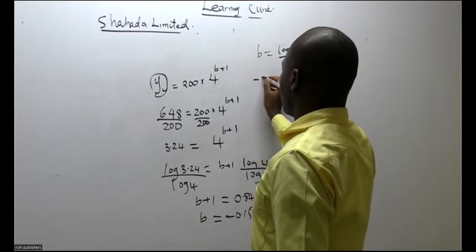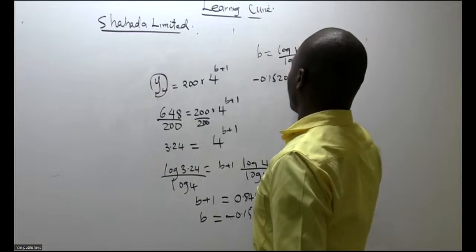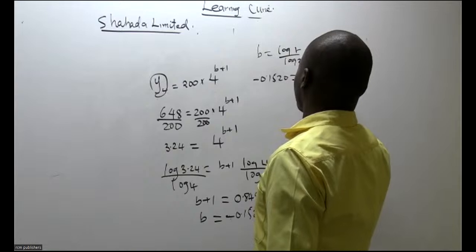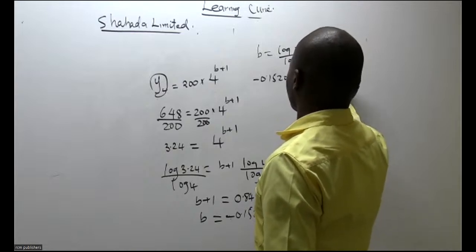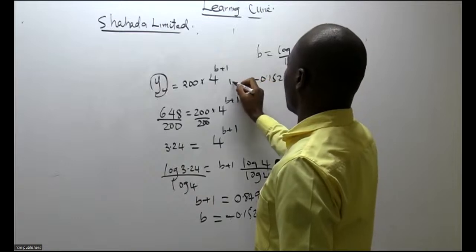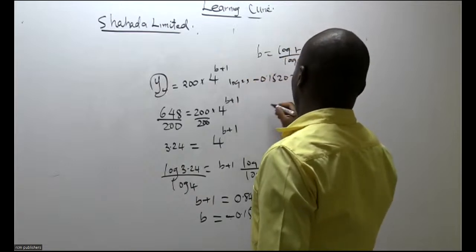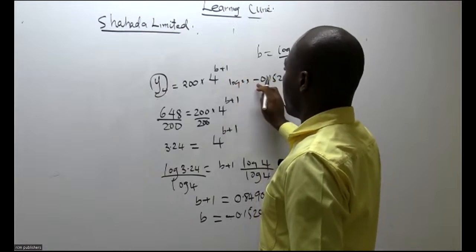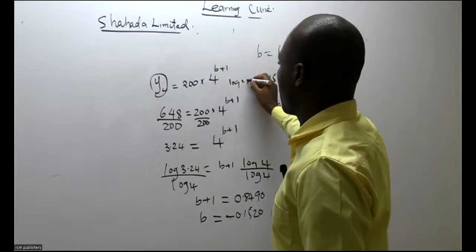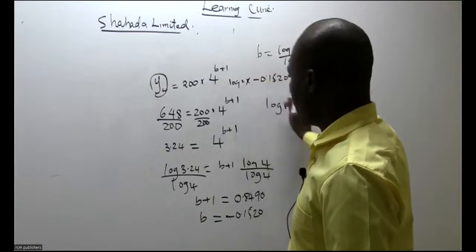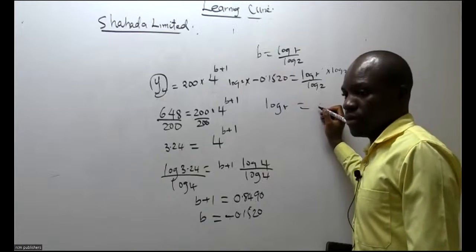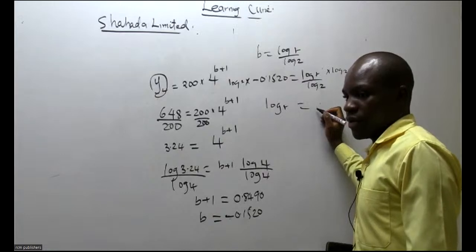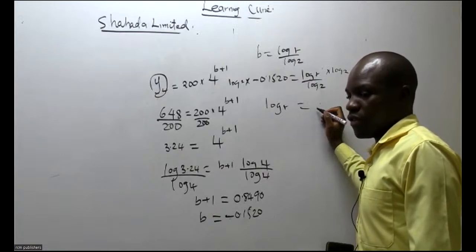We have B as negative 0.1520 is equal to log R, which we do not know, divided by log 2. So multiply both sides by log 2. Log R is equal to log 2 multiplied by that negative. What will you have here? Log 2 times negative 0.1520.